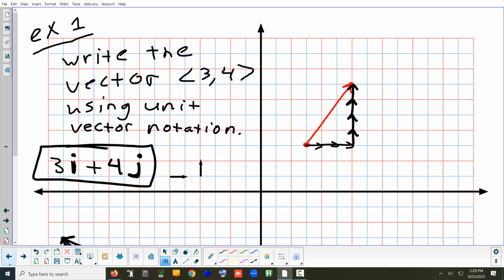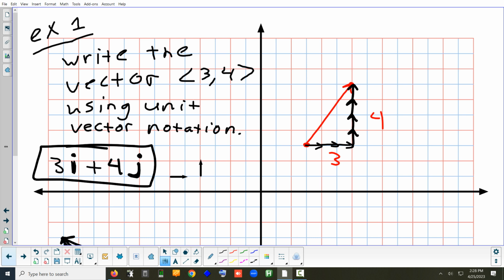How do you think I would find the length of that side in red based on what I've drawn here? Yeah, you use Pythagorean theorem. So if you've got a vector that's on a diagonal, you make a triangle out of it, and the magnitude of that one in red would be 5.